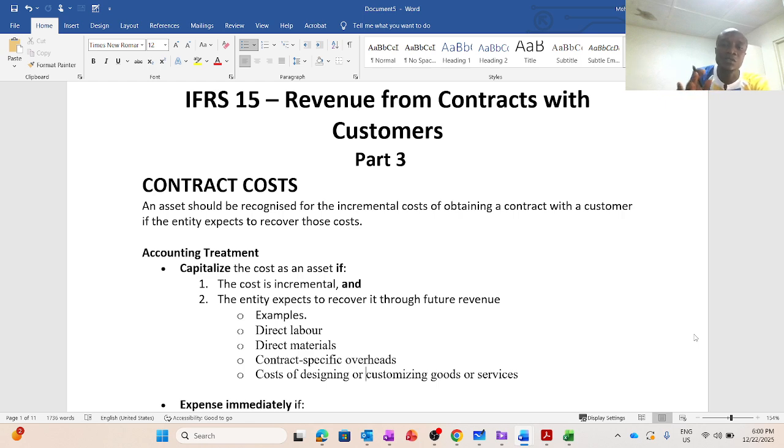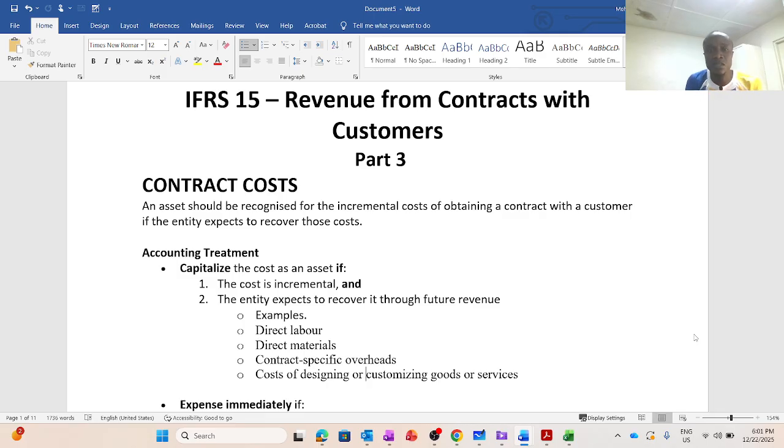For example, Company X is a construction company and it has an agreement with the customer to construct a 5-story building. Let's assume the construction will take 5 years. As an accountant, you need to know how the revenue generated from the customer needs to be recognized in the financial statements.